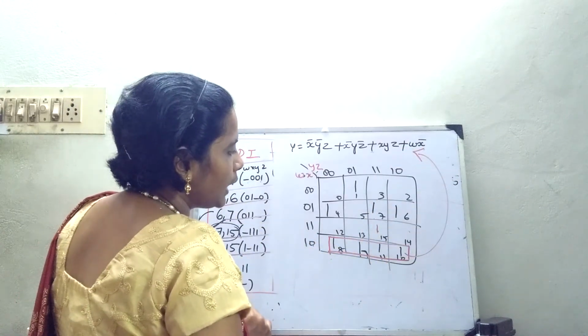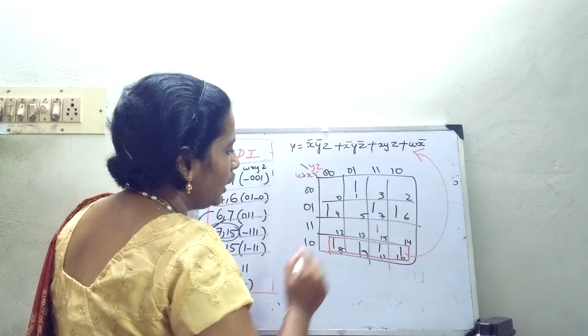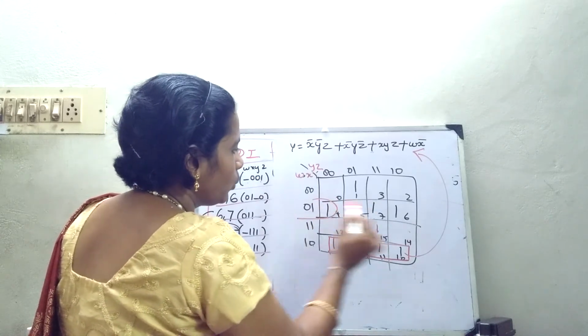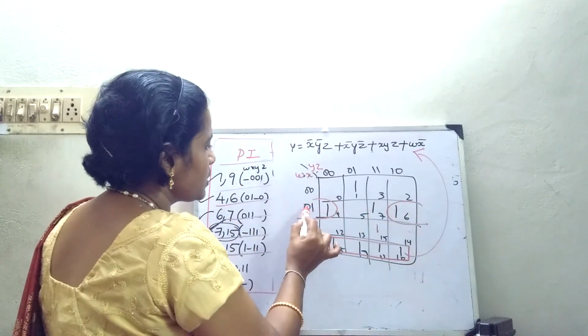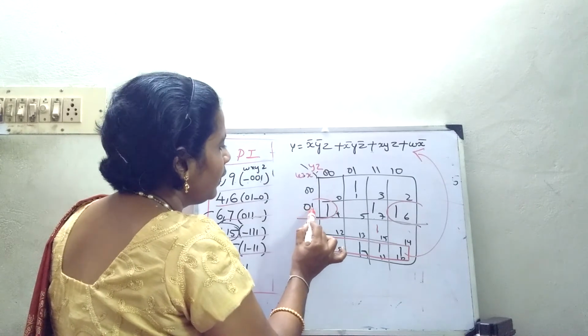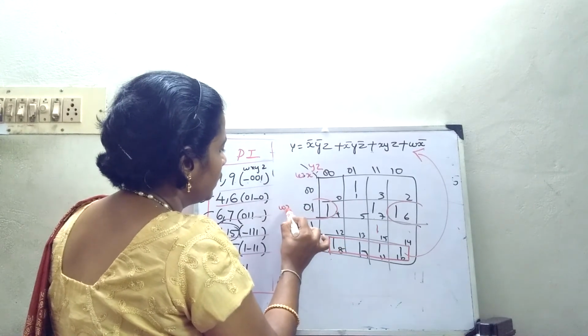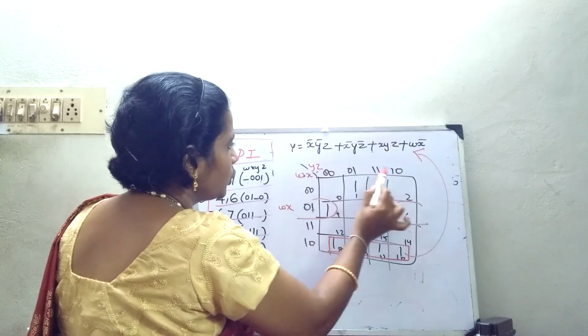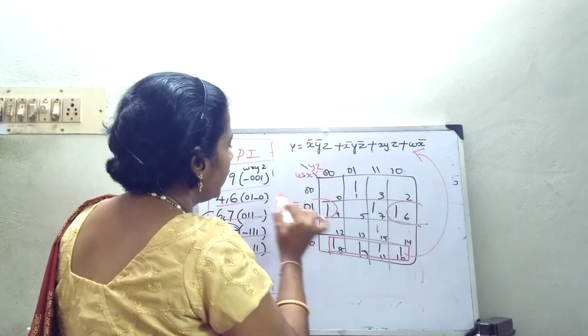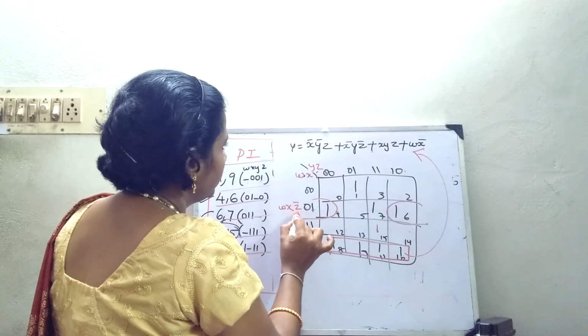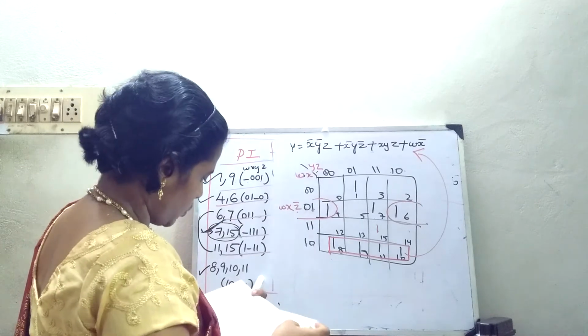Now what is the other grouping? I can go in for a 2-cell grouping. What is the answer for this? W bar X Z bar. Just 1 minute.